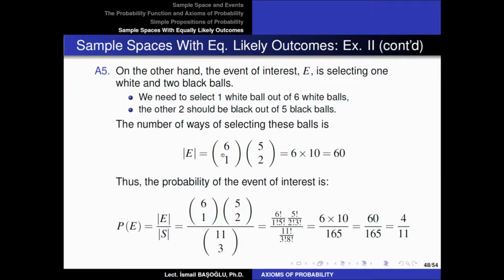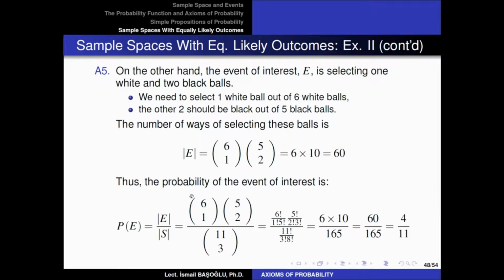So we need to choose 1 ball out of 6 whites times we need to choose 2 black balls out of 5. Right? So we are using the number of combinations formula and also the basic principle of counting, and we can count the number of ways in which we can select 1 white and 2 black balls when we randomly select 3 balls out of the bowl, and that would be equal to 60.